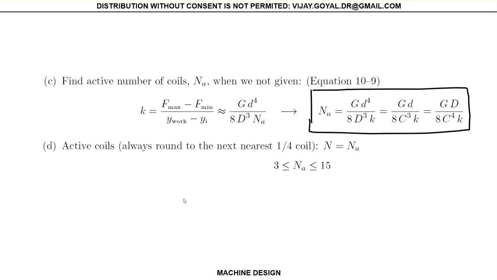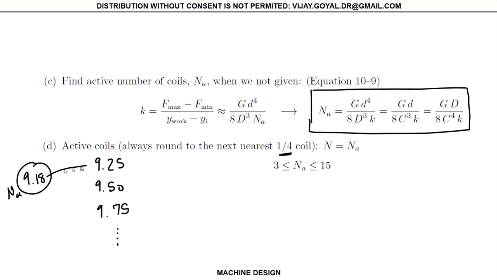So how do you find that? Just keep in mind that you want to bring this to the nearest 1/4, and the number of coils has to be between 3 and 15 in your design. So what I mean by nearest 1/4 is 9.25, 9.50, 9.75, etc. Let's suppose I had a coil of 9.18 Na, right?